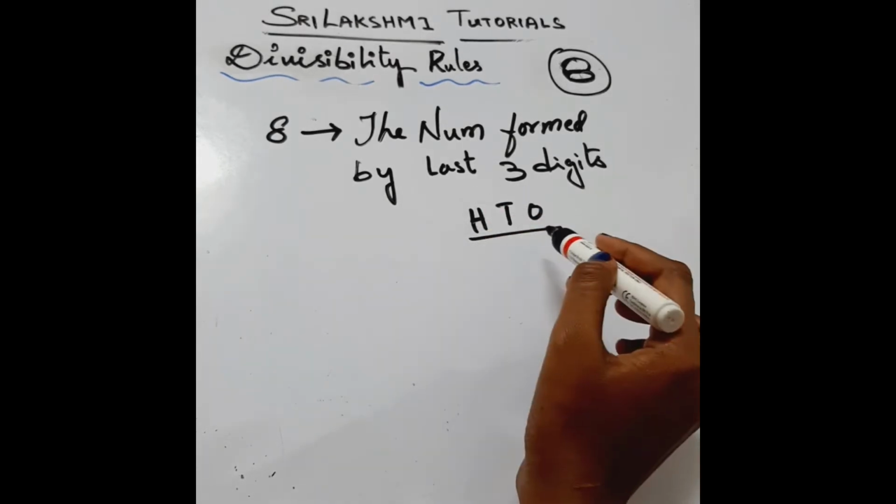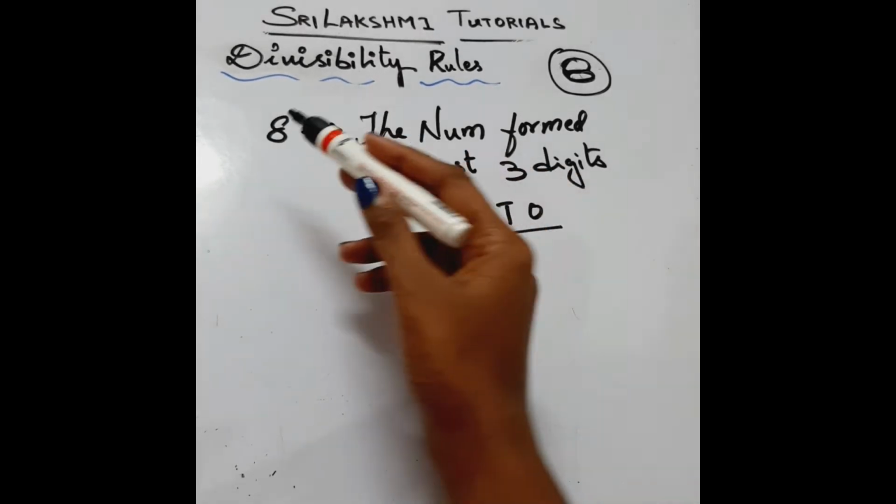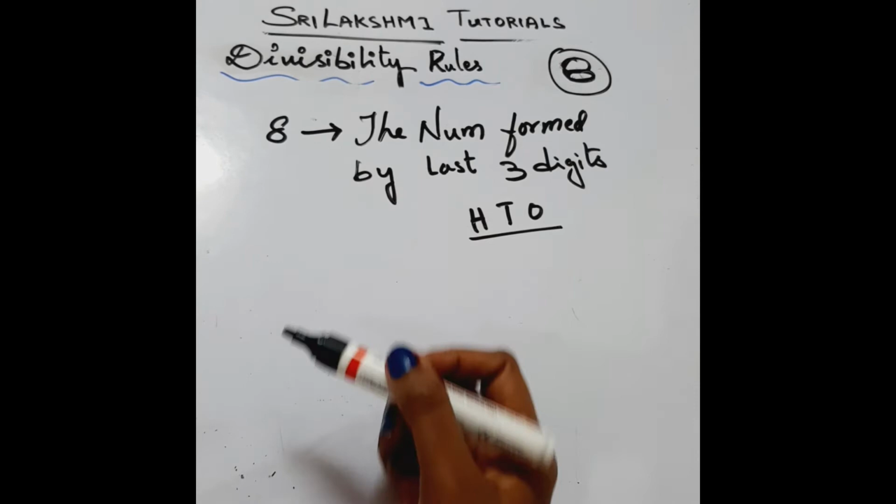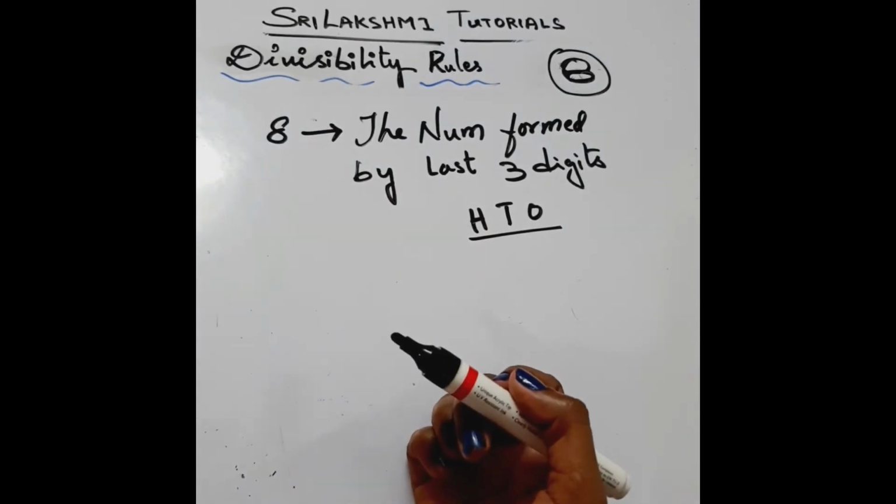If that number is divisible by 8, the given number is also divisible by 8.